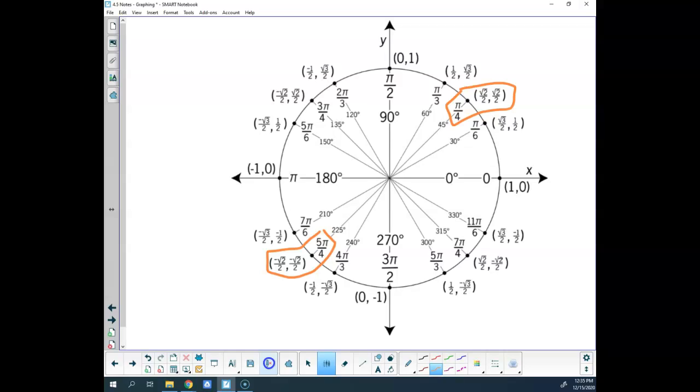Those are the positives, that one and that one. Now let's get the negatives.